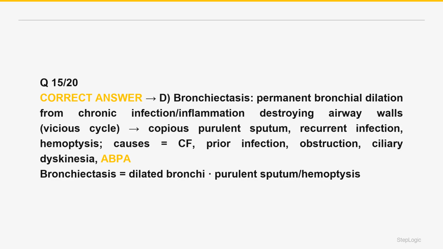The causes are high-yield: cystic fibrosis, the classic cause in young patients, with thick secretions and recurrent Pseudomonas; prior severe or necrotizing infection; bronchial obstruction, tumor, or foreign body; primary ciliary dyskinesia, Kartagener; allergic bronchopulmonary aspergillosis, ABPA; and immunodeficiency. The permanently dilated, secretion-pooling airways from the infection-inflammation cycle is bronchiectasis.